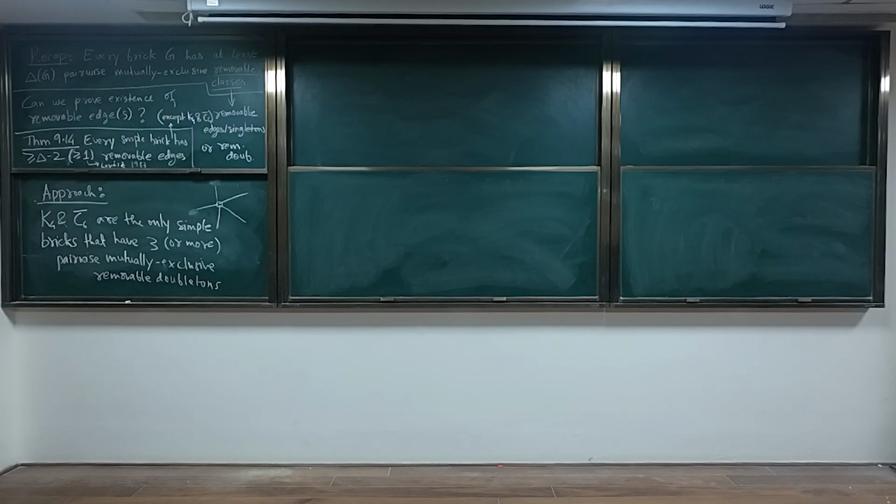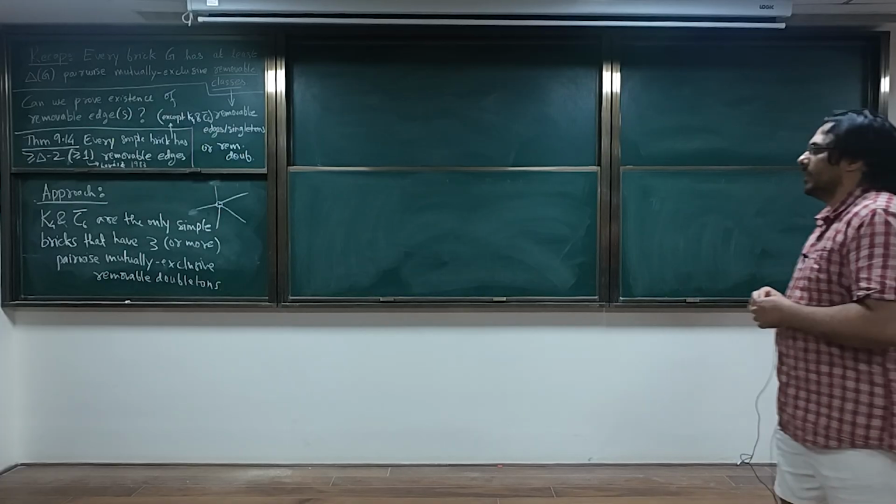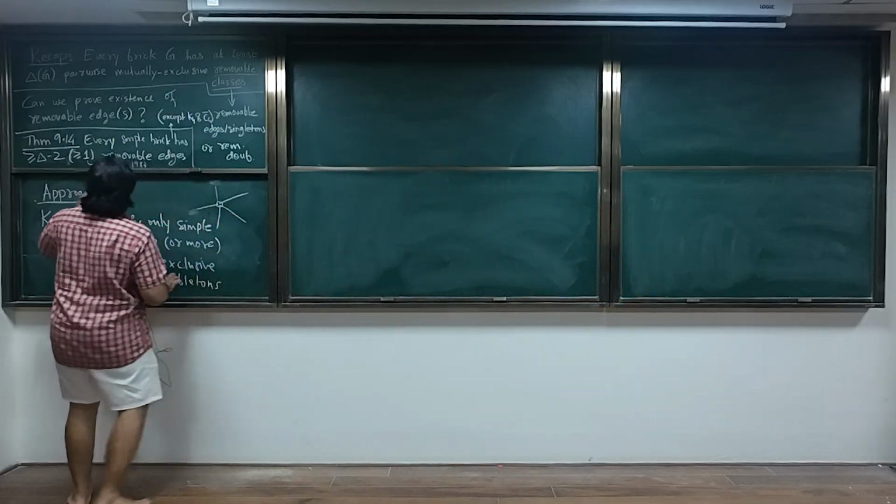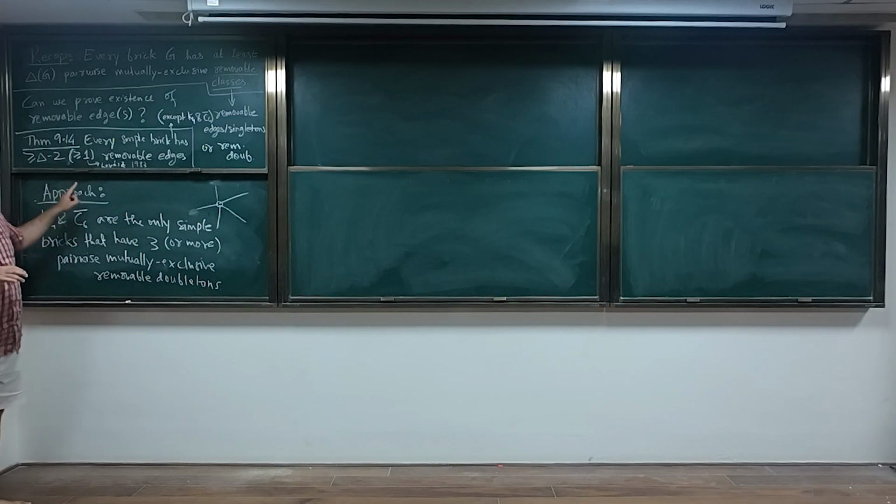But anyways, what could happen is the vertex could have degree exactly 3, in which case 2 could be problematic, and I will get only 1 removable edge. Anyway, so this is what we will prove, and I hope you all agree that once we prove this, we are done with this.